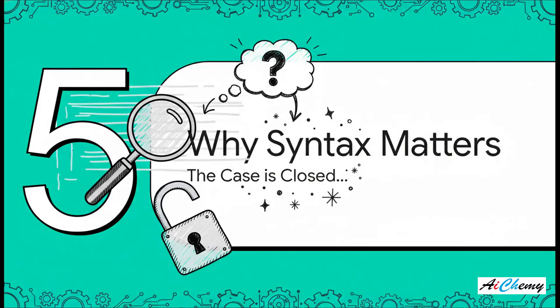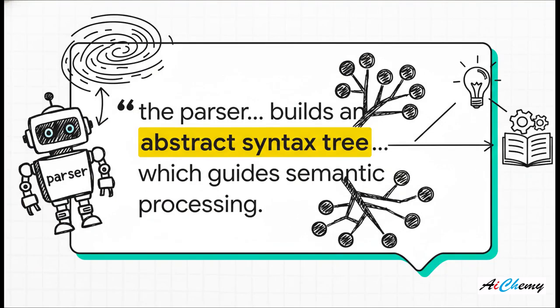So, after all this detective work, what have we learned? Why does checking the grammar matter so much in the grand scheme of things? You know, this quote really hits the nail on the head. The parser's work is so fundamental because it creates the structural foundation for everything that comes next. That parse tree, or a slightly fancier version called an abstract syntax tree, becomes the map that guides the next phase, figuring out the program's actual meaning.